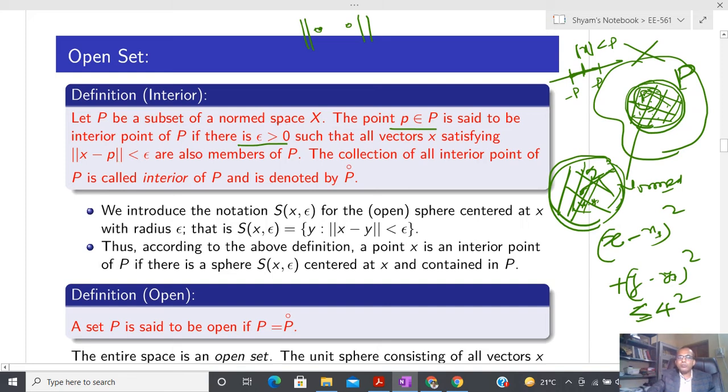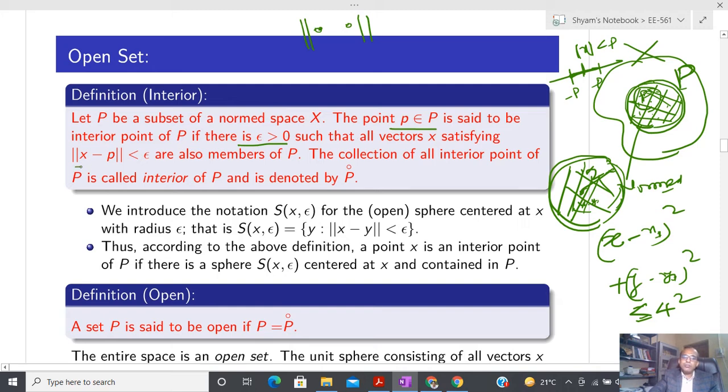And P is a subset of a normed space. It means that I am just talking about some quantities which will follow vector addition and scalar multiplication. If that is not followed, again I have to work differently, but I am not going to talk about that in this lecture. So I am assuming that in a normed linear space we have to talk about the interior point. So how to talk about the interior point? You can define one norm.